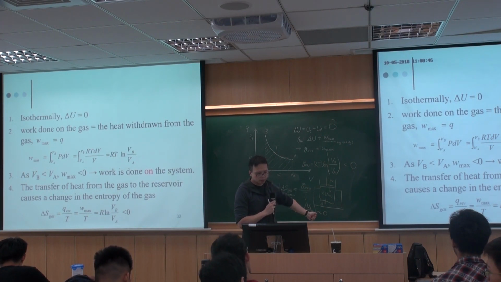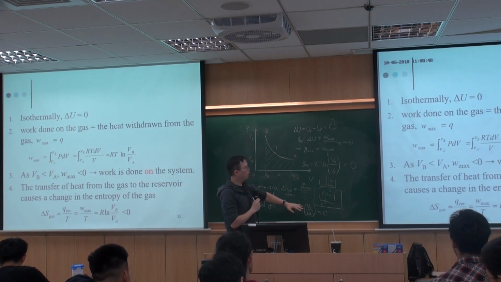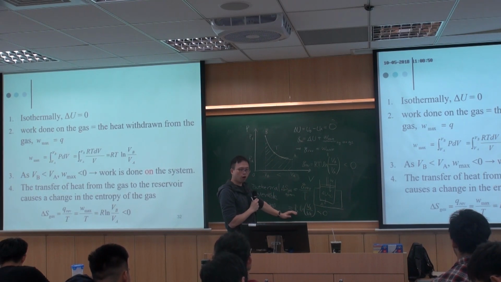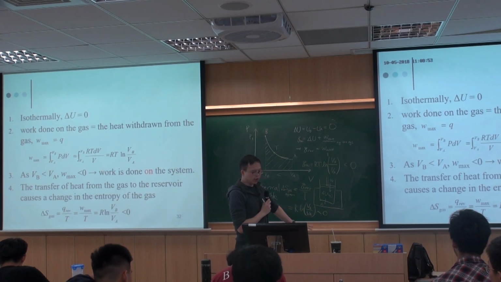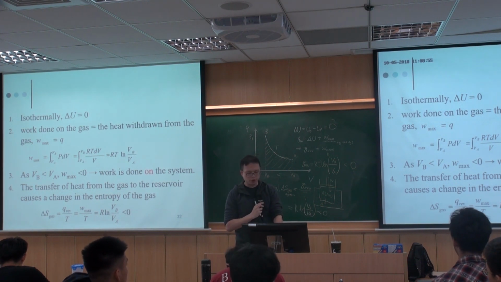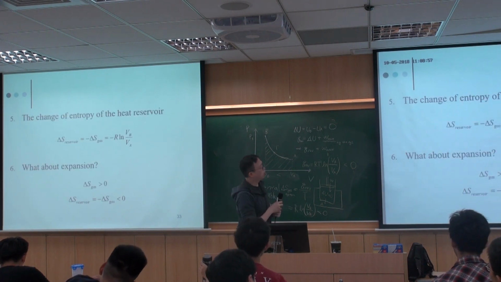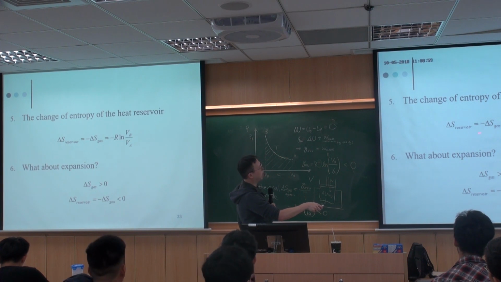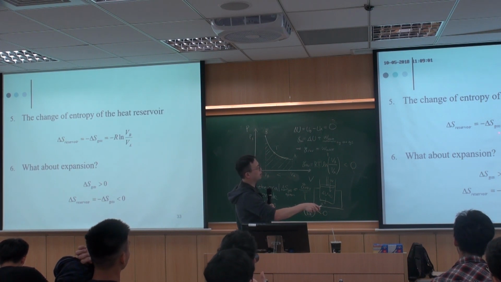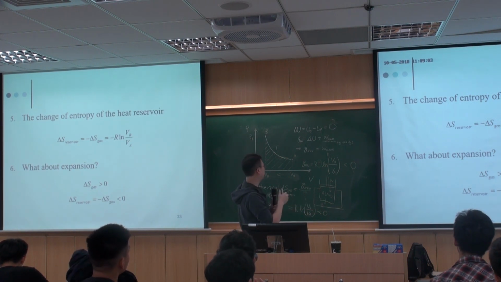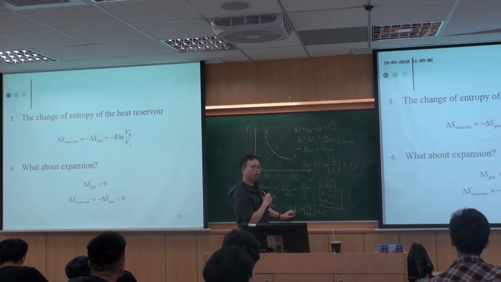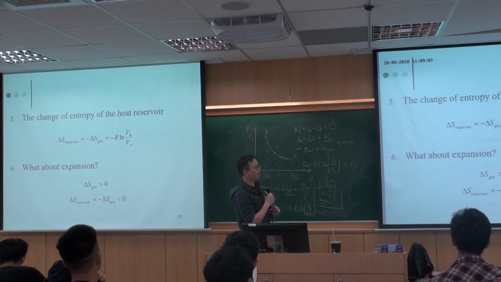On the other hand, you'll see that for the reservoir, you'll get an opposite number because this is a reversible process. So the reservoir's change of entropy is just the minus change of entropy of the gas. Therefore, we just put a minus sign in front of the change of entropy of the gas.